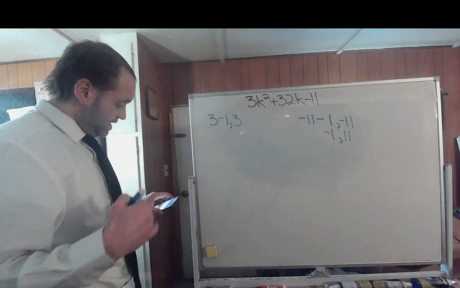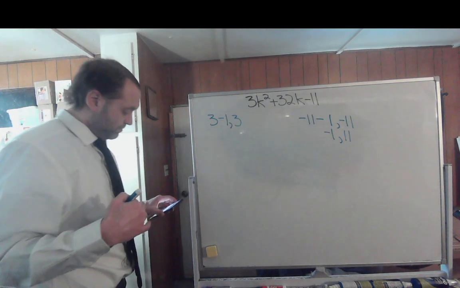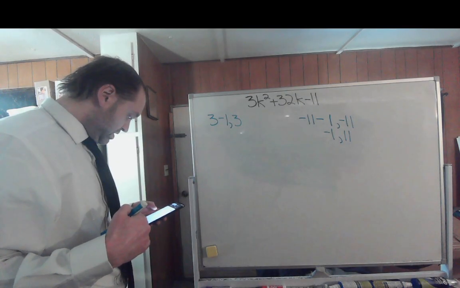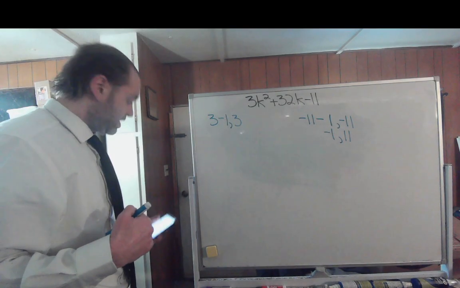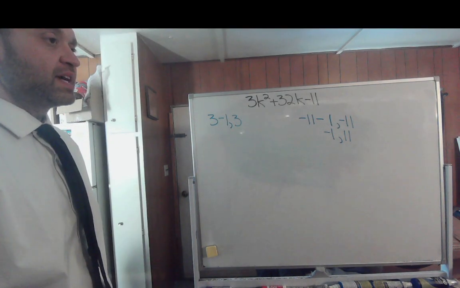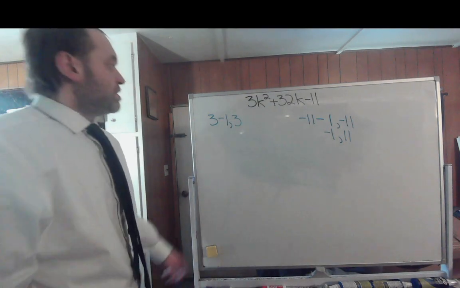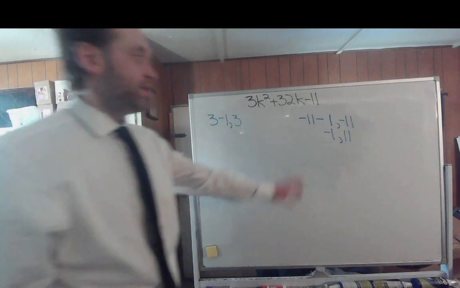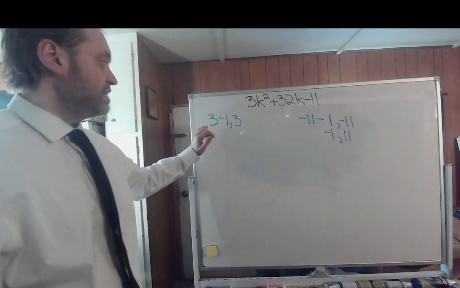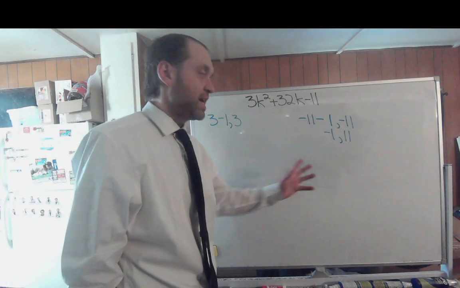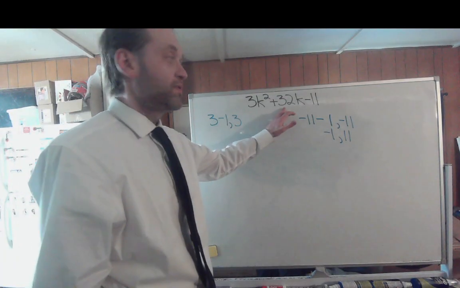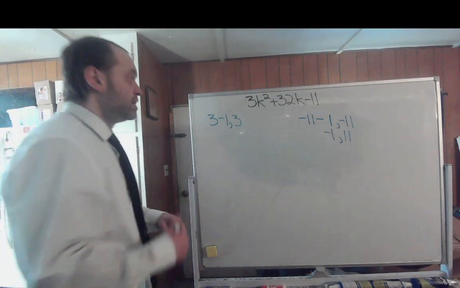Still the same process, though. What you've got to do is take one factor of 3 times one factor of negative 11 plus another factor of 3 times the other factor of negative 11, add them together, and see if you get that middle coefficient of positive 32.